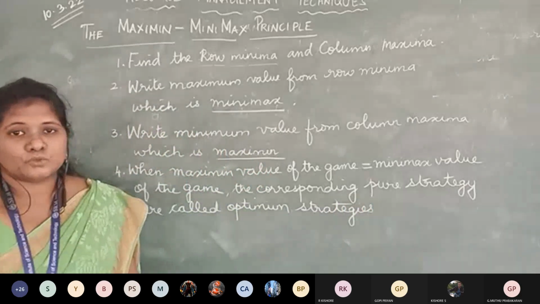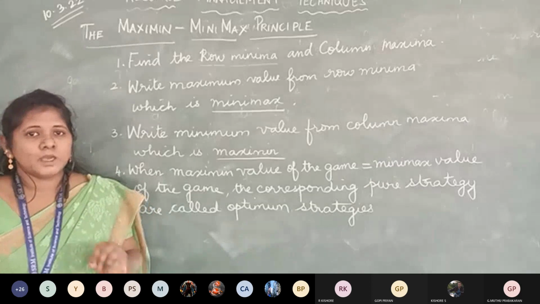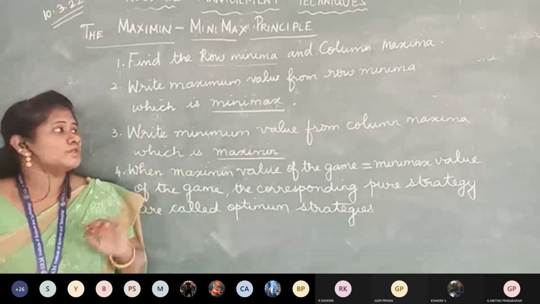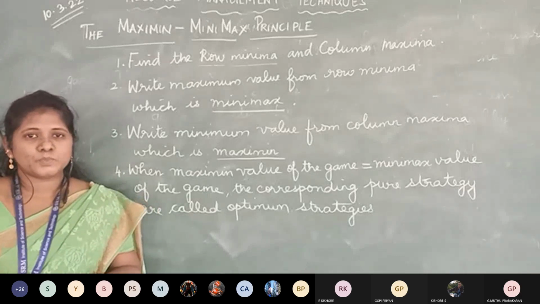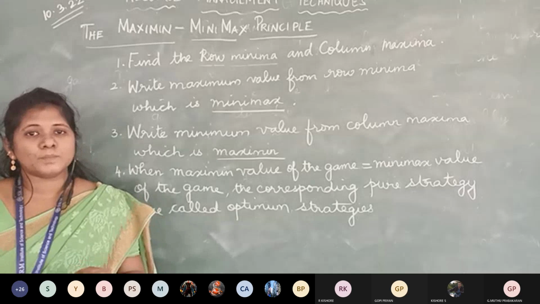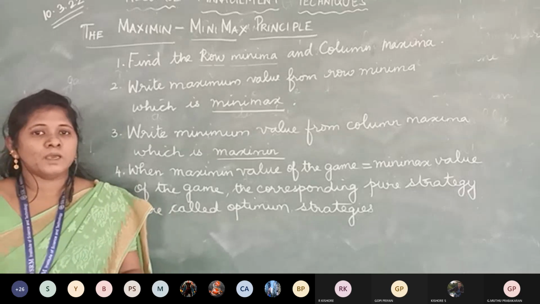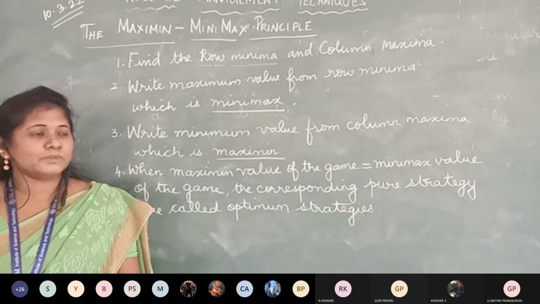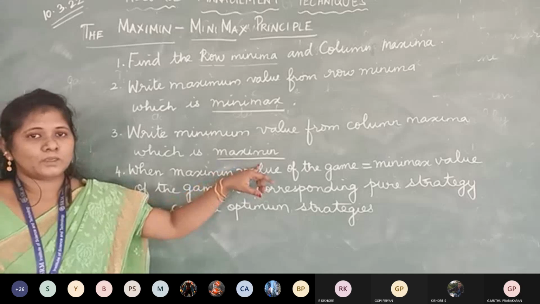For a 2 marks question, they will give you a matrix and tell you to find out your maximin and minimax. What you should do is, your first step is to see your row minima and column maxima. After finding them, in your row minima, you will find your maximum value; that will become your maximin.